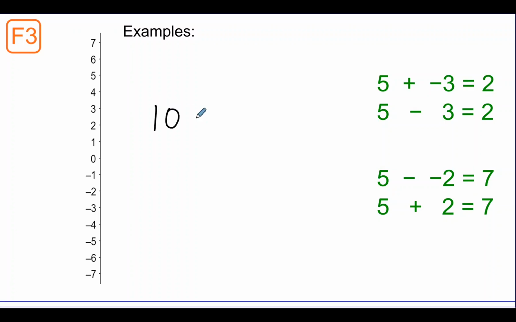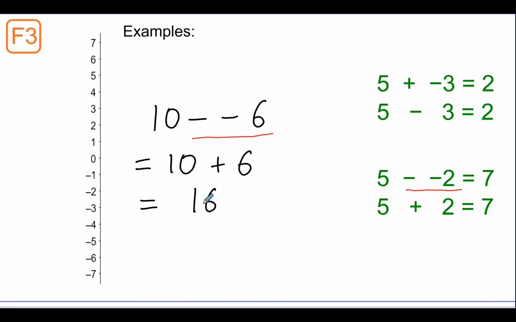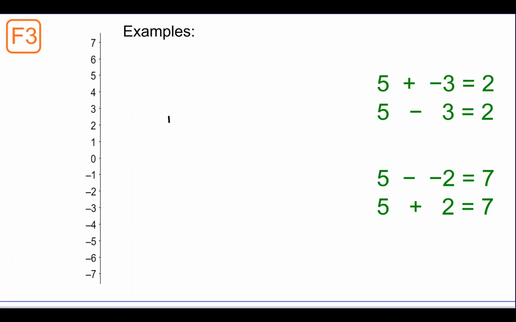10 take away negative 6. Now let's identify which rule we have to use. We're taking away a negative number, so it's this rule here. And it tells us we can replace the taking away a negative 6 with adding positive 6, which gives 16. 15 plus negative 6.